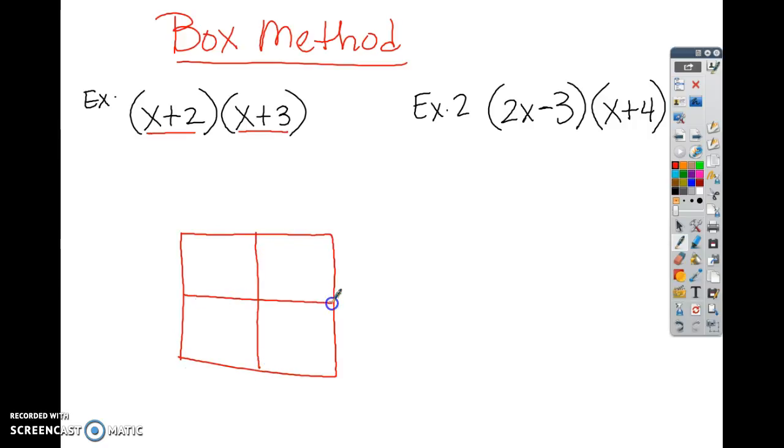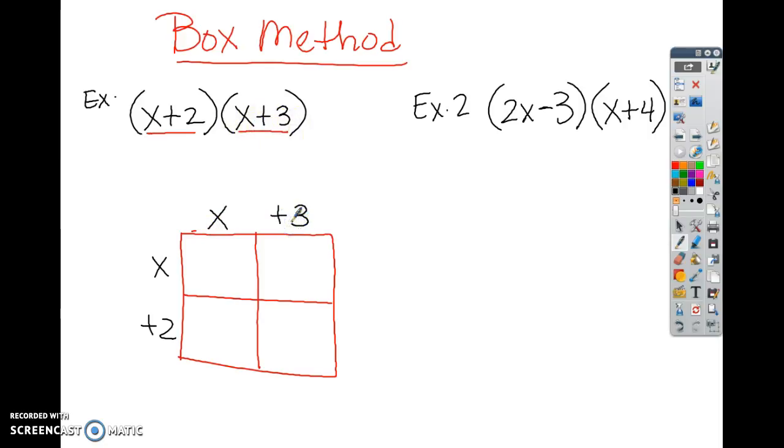So it looks like this. It has 2 sides on the left and 2 sides on the top. These are spots to put your binomial in. So the x plus 2, I would just put it on the left side, and the x plus 3, I would put it in the top.